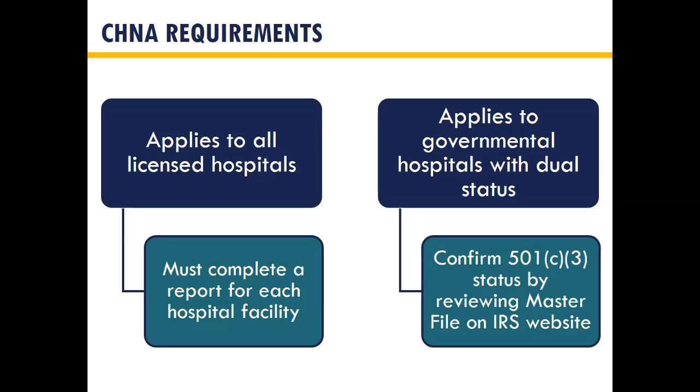Usually that was done because they wanted to be able to provide certain benefits under a 403B plan, so they got tax exempt status to provide those benefits. This is probably where the IRS is finding most of the issues at this point: these governmental hospitals that were unaware that they have 501c3 status and therefore may not have been following the rules.